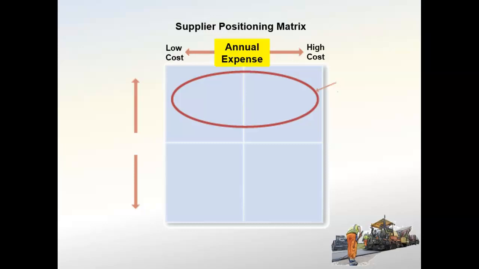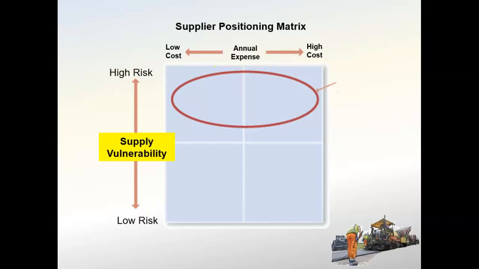Across the horizontal axis of figure 9.4, the annual expense of purchasing measures the influence this purchasing has on the overall profitability of the buying organization. This issue alone is used to prioritize attention to purchasing in a simpler ranking scheme known as the ABC policy.